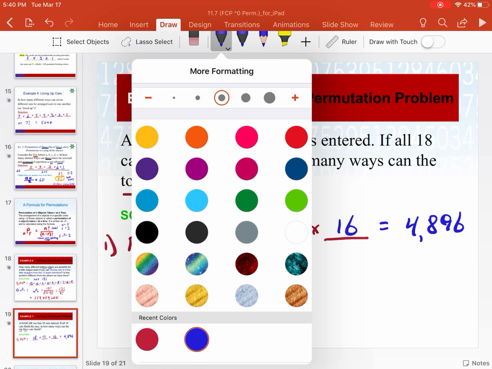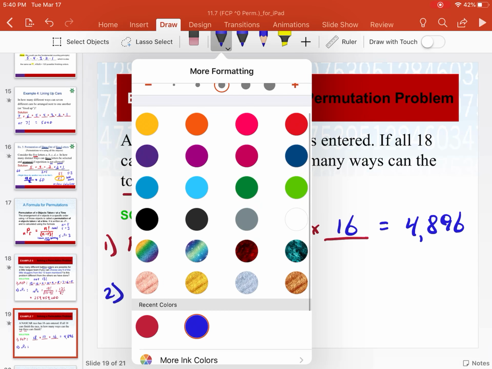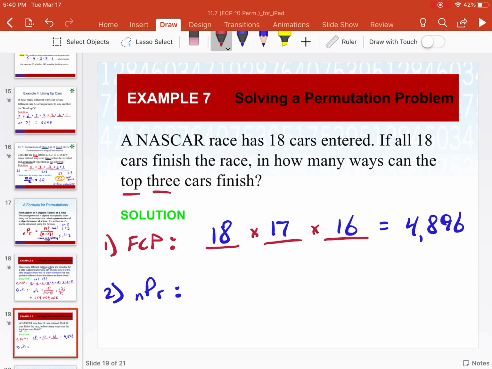Now, hopefully, you were thinking that this could also be the permutation formula. There were 18 cars, and you're looking for 3. You're picking 3 cars to finish first, second, and third. So 15 cars do not finish. Well, they don't finish, they don't place.